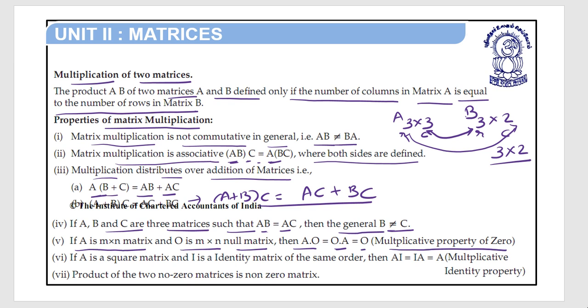Multiplicative property of 0, because O is the 0 matrix. Any number multiplied with 0 gives 0. If A is a square matrix and I is an identity matrix of the same order, then AI is equal to IA is equal to A.